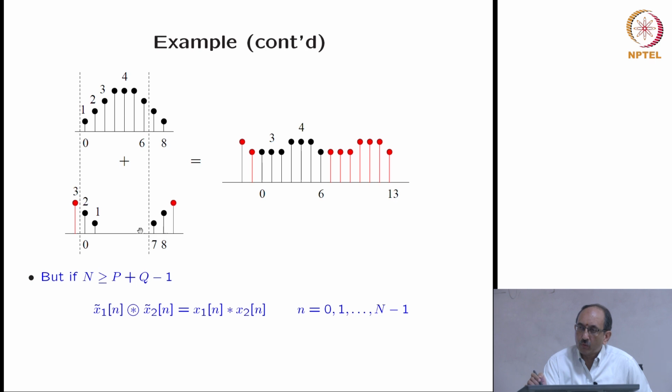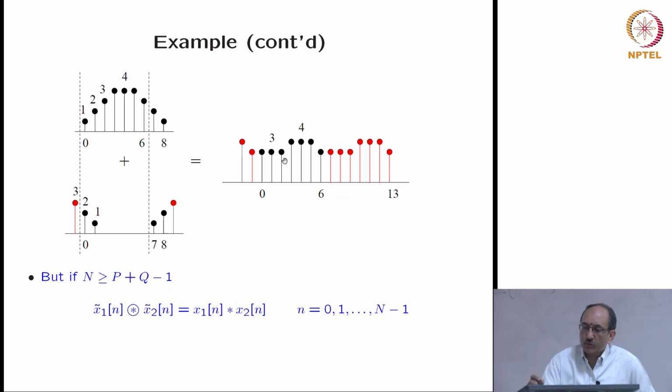Wherever there is overlap, you add, and over one period, if you look at the result, you will get this. So immediately this tells you, if you choose N such that N equals at least p plus q minus 1, then if you shift to the left and to the right, the repetitions will not overlap, alright.